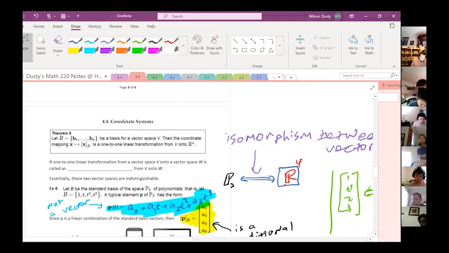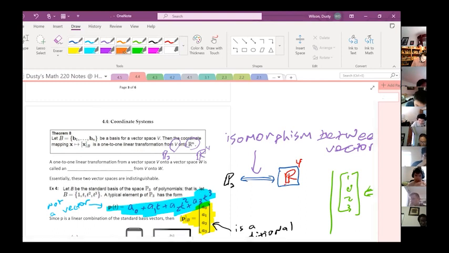If we let B equal B1 to Bn, and it's a basis for the vector space V, then the coordinate mapping x going to x_B is a 1-to-1 linear transformation from V onto Rn. So again, in our example, your V was the P3, and onto Rn, that's the R4 in our example.